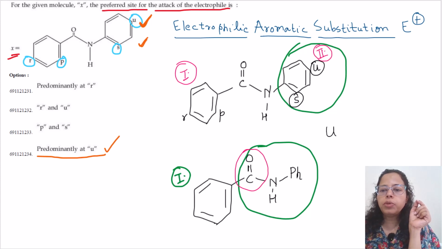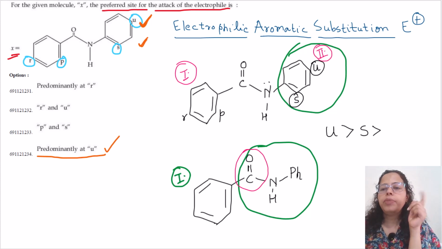So U will be most preferred, followed by S, because for electrophilic attack the ring activating substituent, that is NH, is preferred. So ring 2 will be preferred first, and in ring 2, the U site, the para site, will be preferred, followed by the S site, the ortho site.